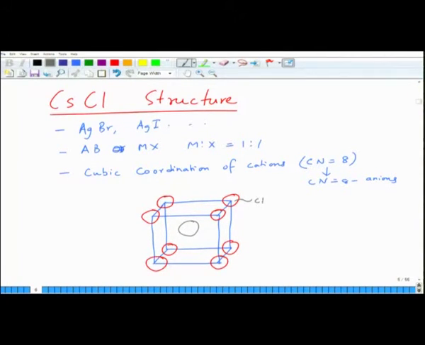So, this is chlorine, this is cesium. Of course, when you make the ball model they touch each other, but for the sake of clarity we have drawn them as separate.